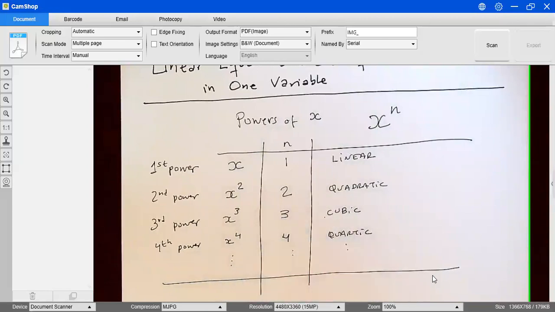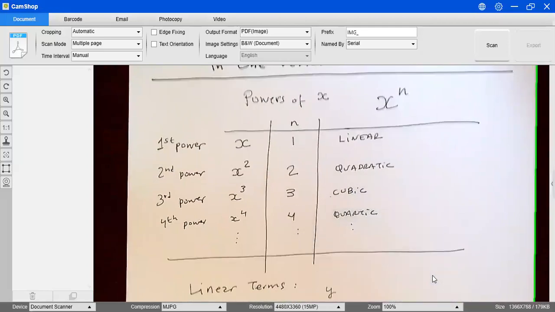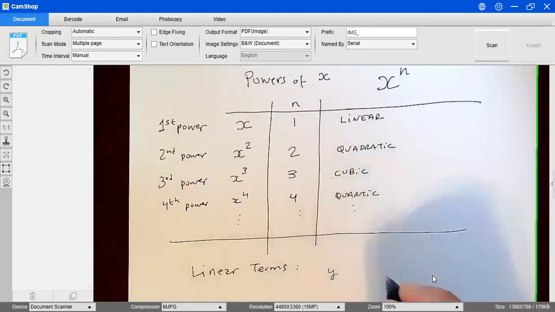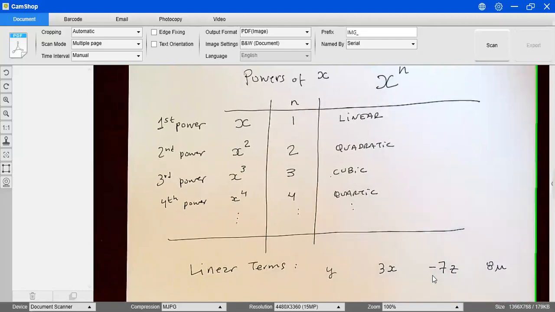So we have, for example, linear terms. What are linear terms? For example, y is a linear term because y is raised to the first power. 3x is another linear term. Negative 7z is another linear term. 8u is another linear term. The variable is u. These terms are linear terms in one variable.